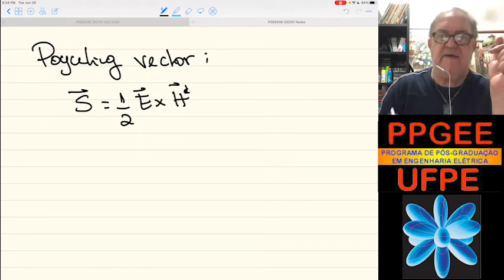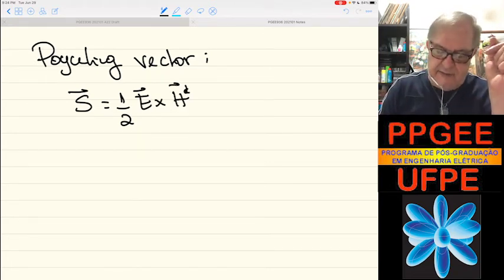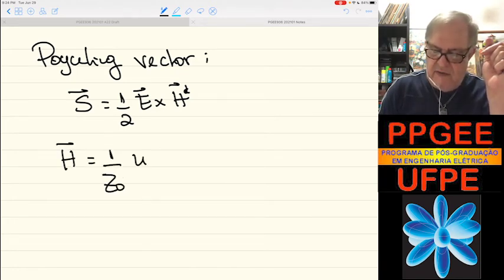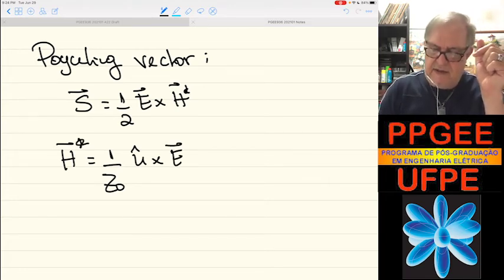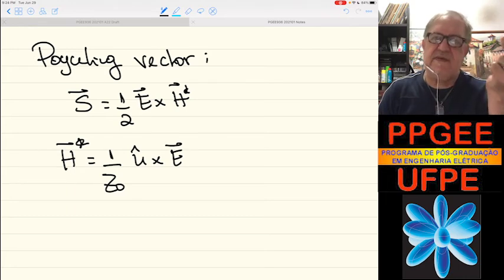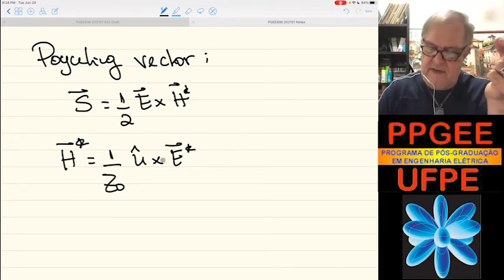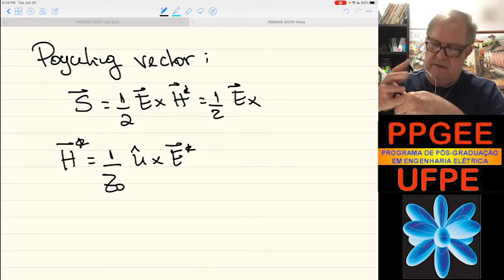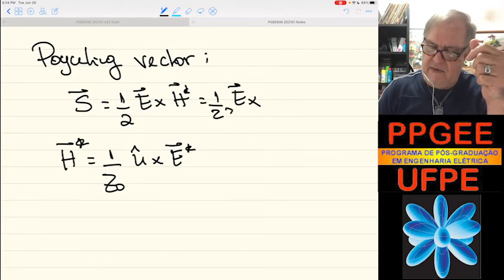And by use of the canonical form in terms of E, we have H equals 1 over Z0 u cross E. So the conjugate is going to be the conjugate of u. u is a real versor, so it's just the conjugate of E. So this is going to be 1/2 of E cross (1/Z0) u cross E conjugate.